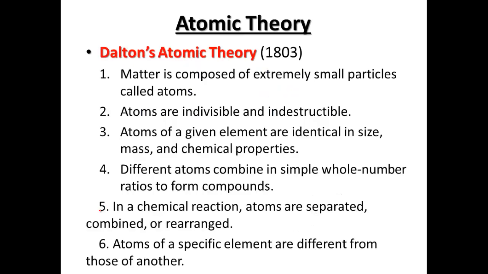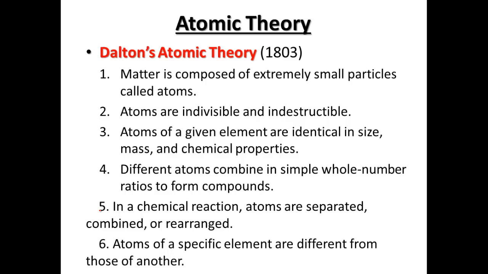So in the past chapter we talked about Dalton's atomic theory: matter is composed of extremely small particles called atoms. Atoms are indivisible and indestructible. Atoms of a given element are identical in size, mass, and chemical properties, and different atoms combine in simple whole number ratios to form compounds.